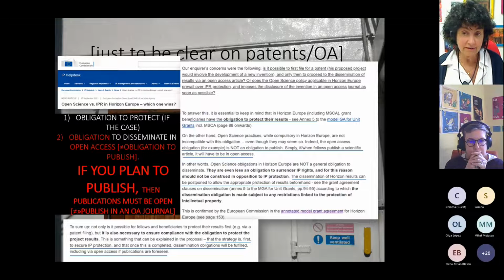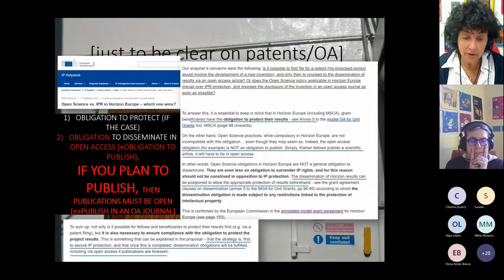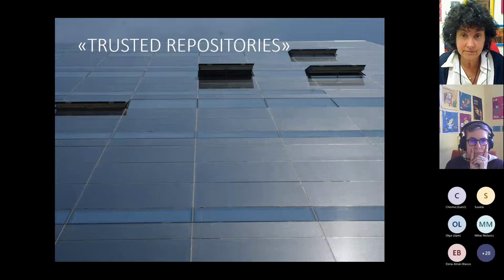If you are not patenting, then you have the obligation to disseminate in open access, meaning that if you plan to publish and not to patent, then your publication must be open, which, and I say it again, does not mean publishing in an open access journal, okay? I hope it is clear.